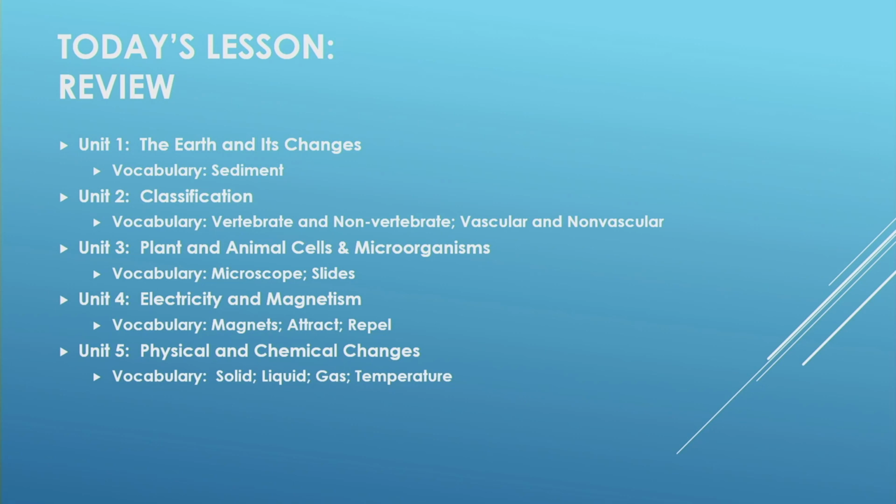How do we classify plants? Roots or no roots? Unit 3 was the microscope, plant and animal cells and microorganisms. Unit 4 was one of my favorites, magnetism and electricity. And today, a very brief view into Unit 5, physical and chemical changes.